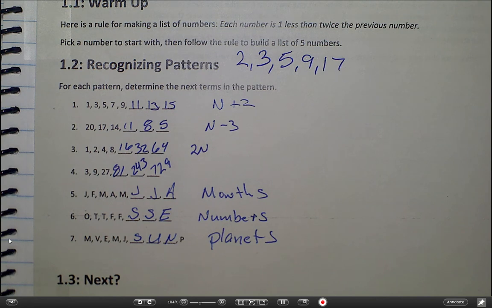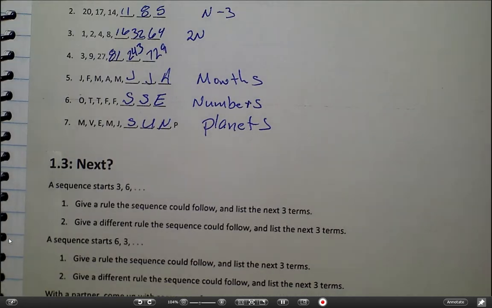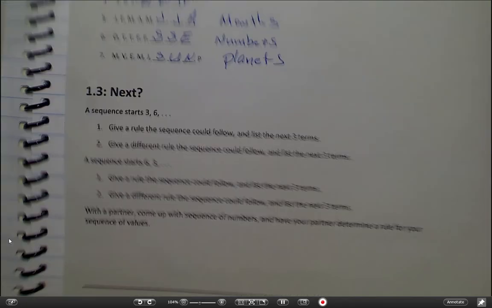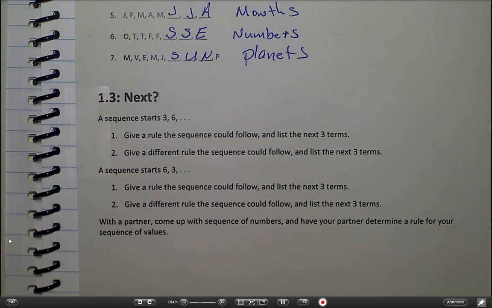All right, so let's take a look at these next ones here. It says the sequence starts 3, 6. Give a rule the sequence is going to follow and list the next 3 terms.